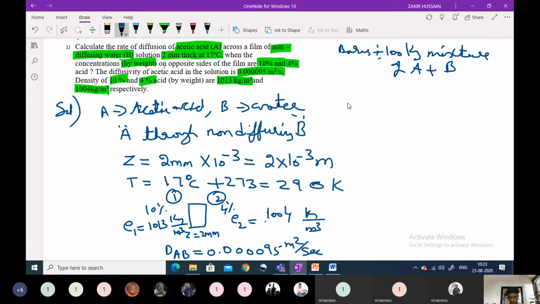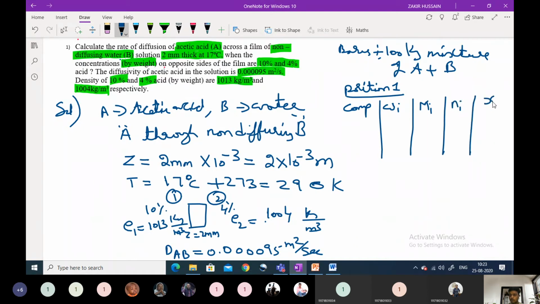Now at position 1, the same table we have to draw once again. First one is component, then weight W i, then molecular weights, then moles, then mole fractions.